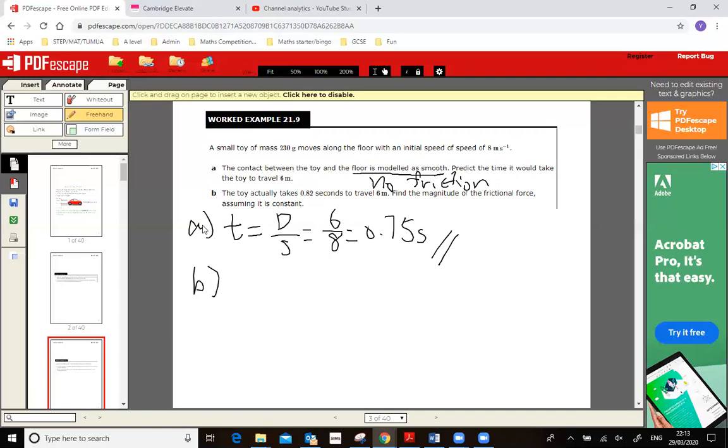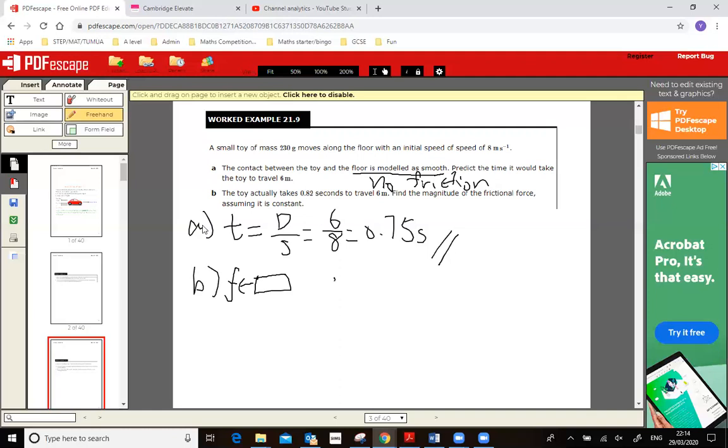We could draw a diagram. Let's say this block represents a small toy, and the toy is again traveling towards the right-hand side, which means the friction will have to act towards the left-hand side. Let's use little f to represent the frictional force. That's the only force acting horizontally on the object.